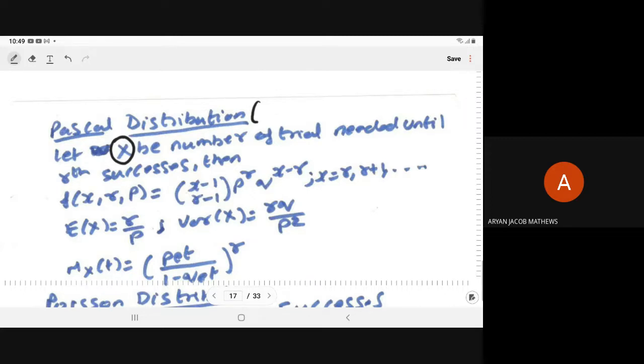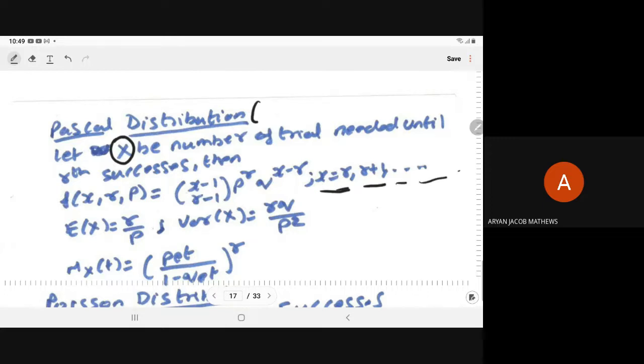For r successes, a minimum of r trials is required, or you may require r plus 1 trials or more.